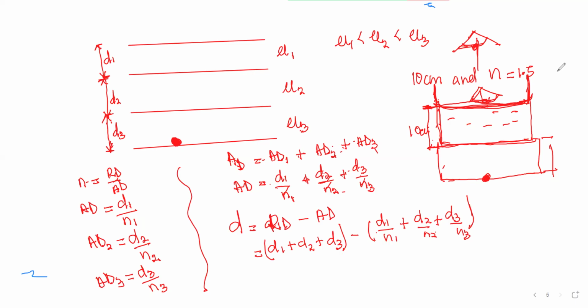The coin is at the bottom of A. You have to calculate the displacement of the coin when viewed vertically from above. Take the refractive index of A to be 1.3, refractive index of B 1.4. So it's basically similar to what we are answering.